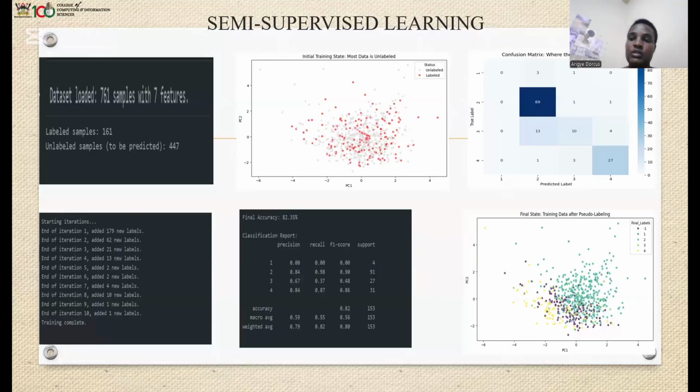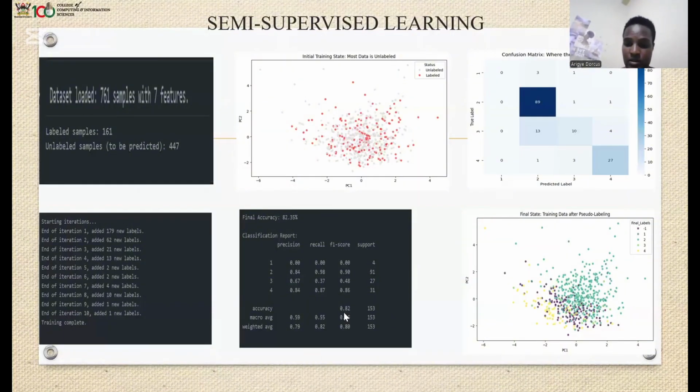So by iteratively labeling its own data, the model grew its knowledge base significantly, resulting in a robust classification system with over 82% accuracy despite starting with limited information.